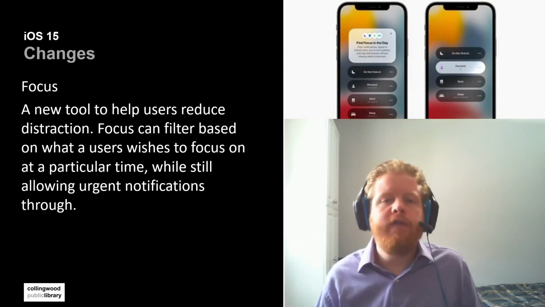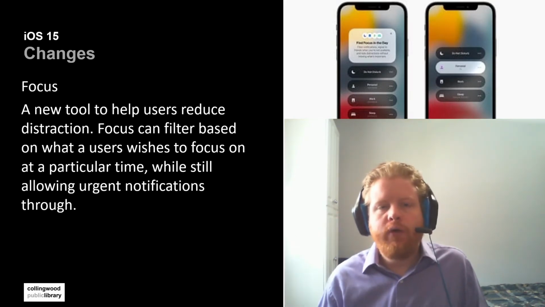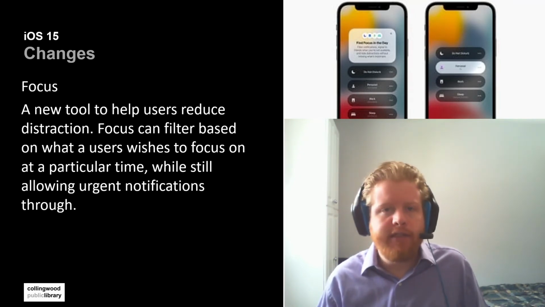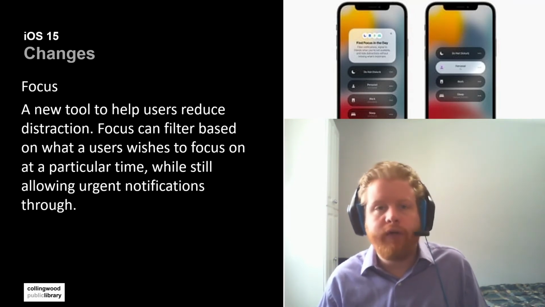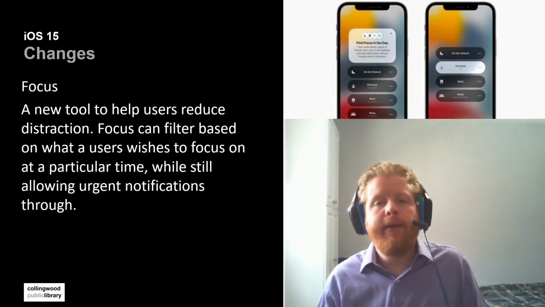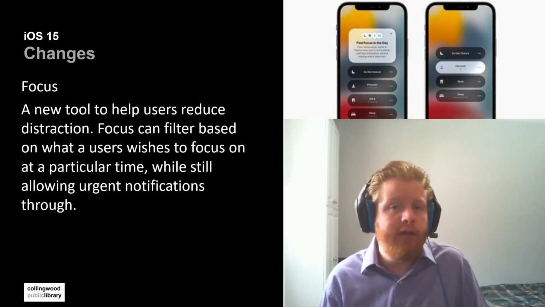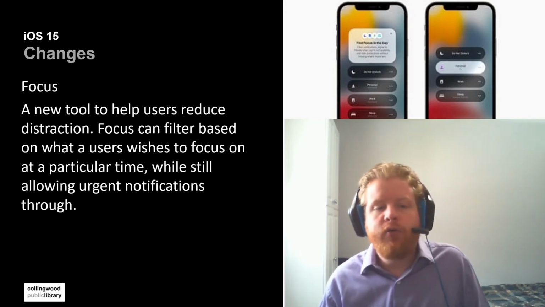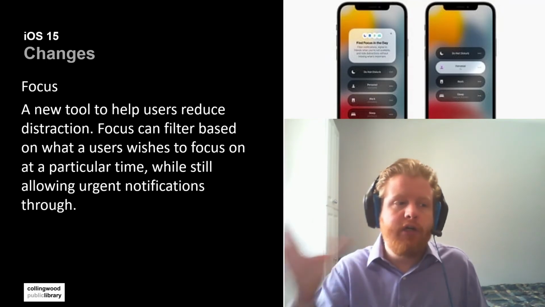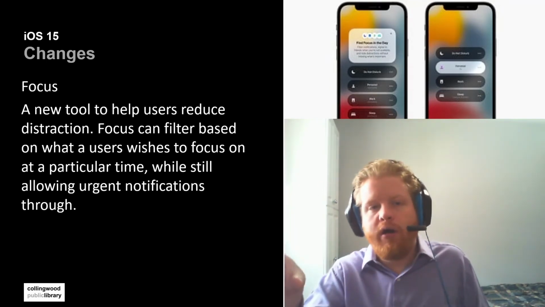Continuing on from notifications, we're going to talk about Focus. Focus is a new tool that's designed to help reduce distractions for us users. What this is going to allow us with Focus, we can filter based on what the user's preferences are. So we can determine what is considered urgent and what's considered non-urgent.